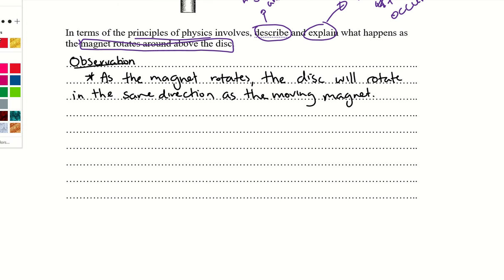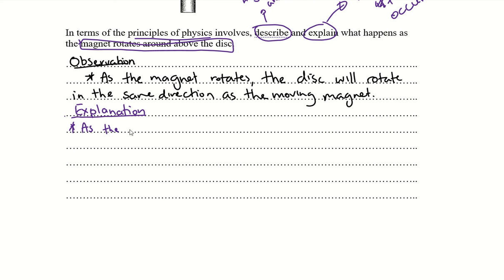So let's go down to the explanation. Okay, so the moving magnet causes a change in flux on the copper disc.